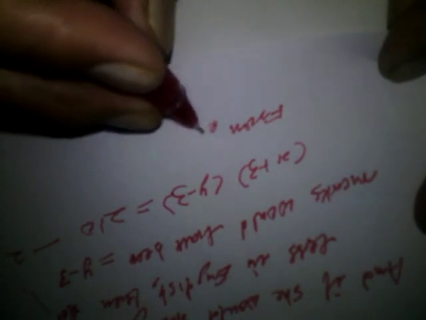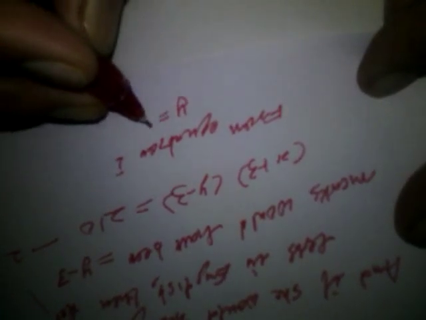Now from equation number 1, x plus y is 30. So we will take the value of y from there and put it in equation 2. From equation 1, y is equal to 30 minus x. Now we will put the value of y in equation number 2.